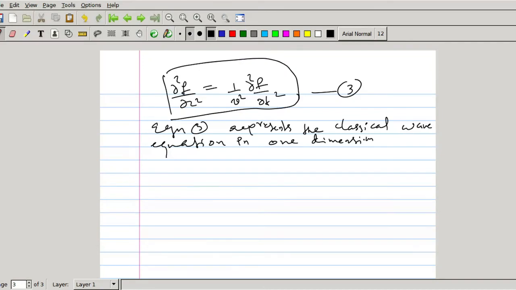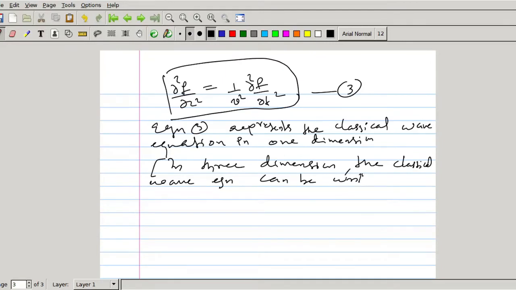In 3 dimensions, this equation becomes, the classical wave equation can be written as: on the left hand side, instead of z we will be having x, y, z. F will be a function of x, y, z and t.